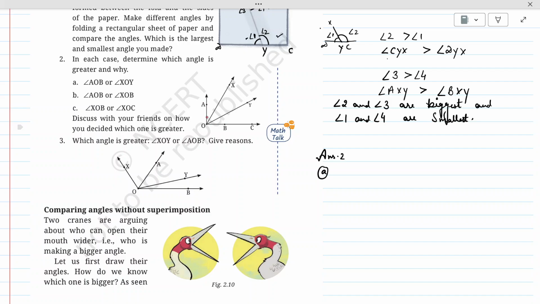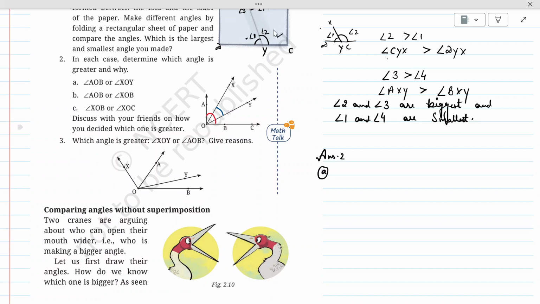Angle AOB is this bigger angle. Okay. And angle XOY, which I am marking in blue, is the smaller angle. So that means that this particular arm will have to take more rotation to move to OA when compared to this. The space between these two lines is greater than the space between these two lines. Okay.